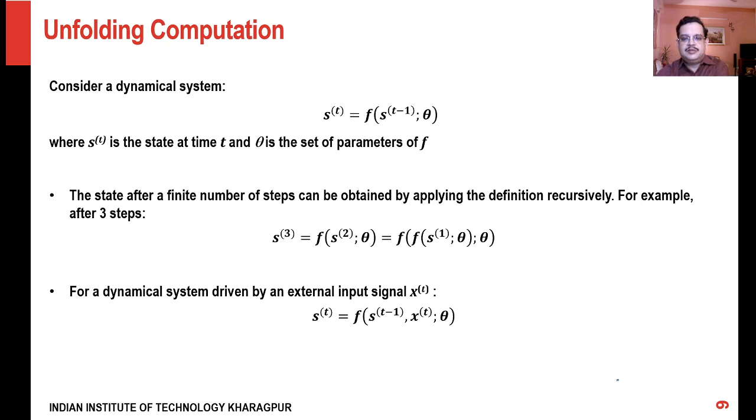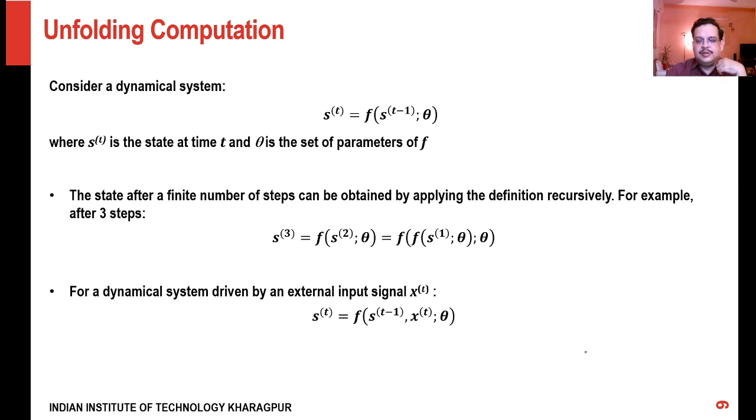For a dynamical system driven by an external input signal x_t, we also have the input as part of the state, because that can influence the output. So then we have s_t as a function of the previous state s_{t-1}, the present input, and the parameters.